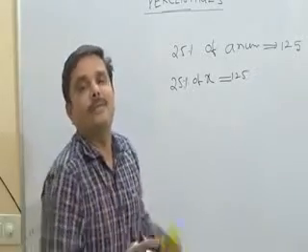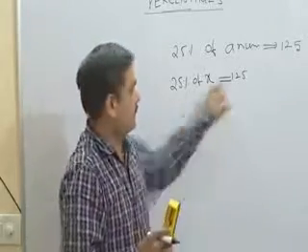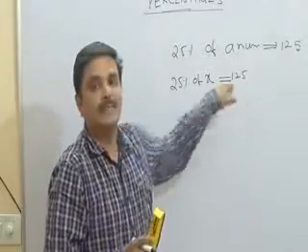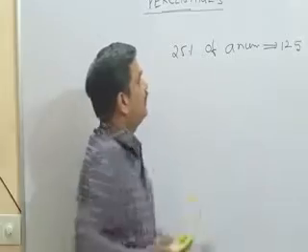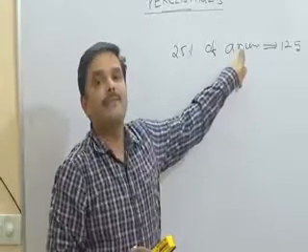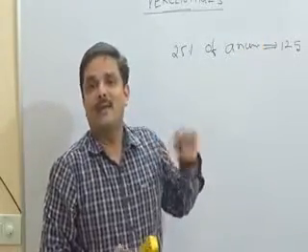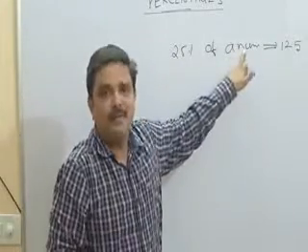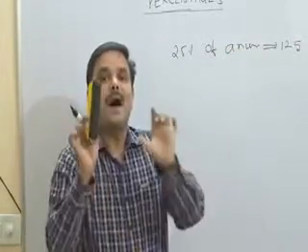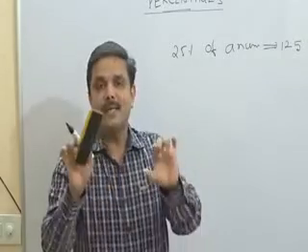But in competitive examinations, I won't suggest you go by taking something as x. Directly we can go like this. When it is given that 25% of a number is 125, this number is 100%. Let us take that number as 100%.